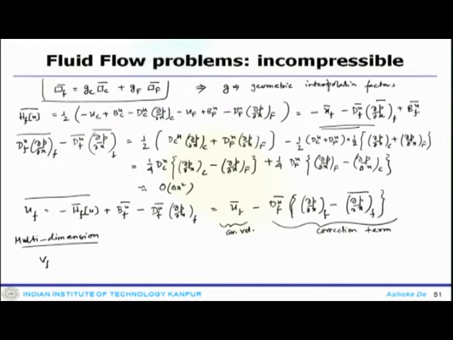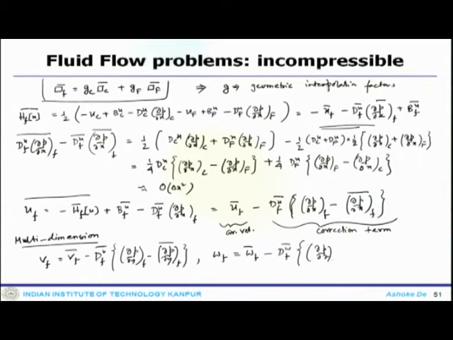So, you can write similarly Vf equals to Vf bar minus dV bar del P by del y at face minus del p by del y face bar, W f equals to W f bar minus del p by del z f minus del p by del z bar f.